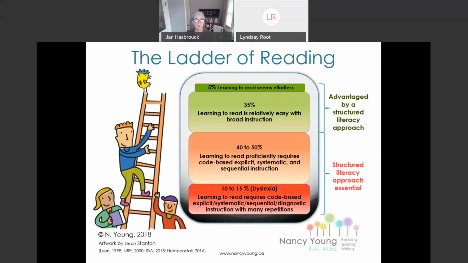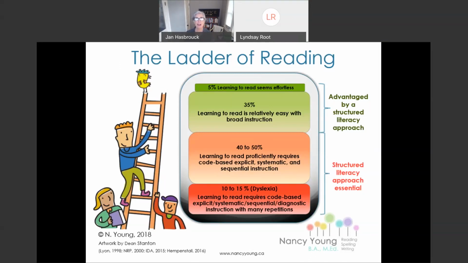You will have access to this lovely infographic developed by Nancy Young that shows a very accurate, research-based idea of prevalence of reading abilities across the population of children. So if we start at the top of this ladder, researchers have identified that approximately 5% of children seem to learn to read absolutely effortlessly.